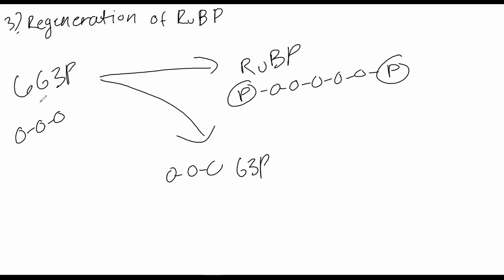So actually, every 2 regenerations of RuBP, you're going to make a sugar, right? Because if I do this twice, I have 6. And if these 2 combine, they form a 6 carbon sugar.